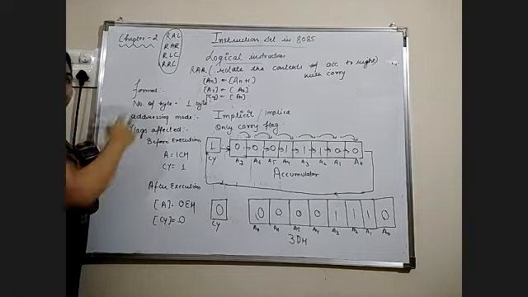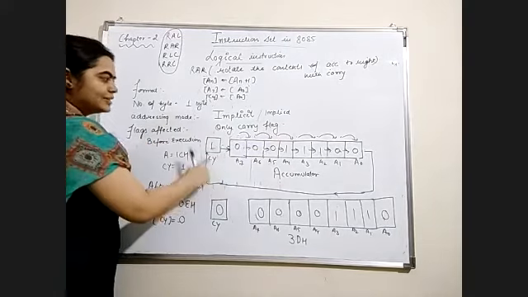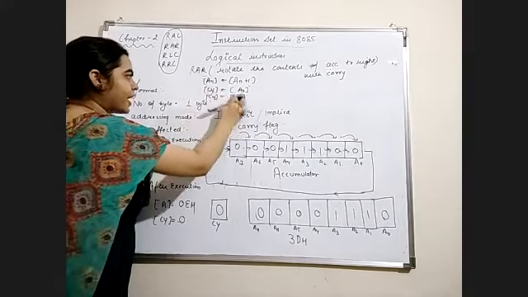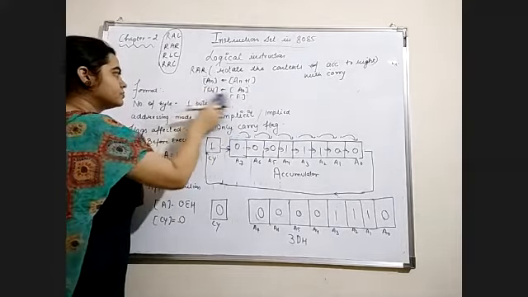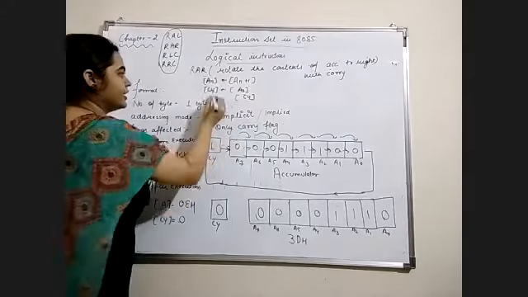There is a little bit of change in the format. First is the same. Now the value of A0 goes into the carry flag, and the value of the carry flag will go into A7.